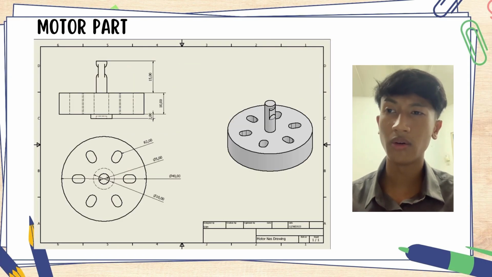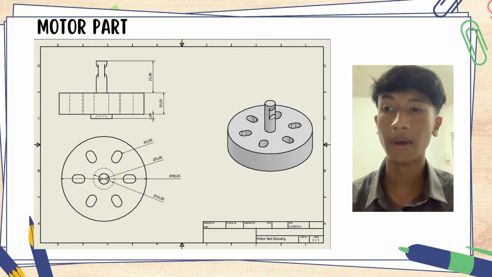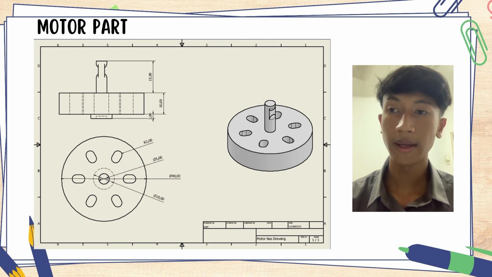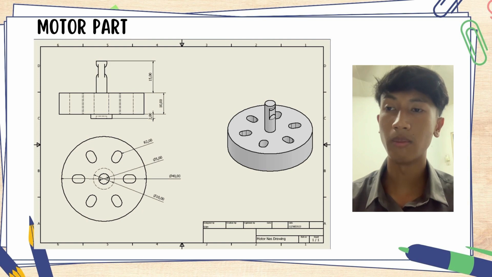Okay, next motor part. The height of the head of the motor is 50 mm, the height of the body of the motor is 10 mm and the height of the bottom of the motor is 2 mm, and the diameter of the motor is 40 mm, the diameter of the head of the motor is 5 mm and the diameter of the bottom of the motor is 10 mm.